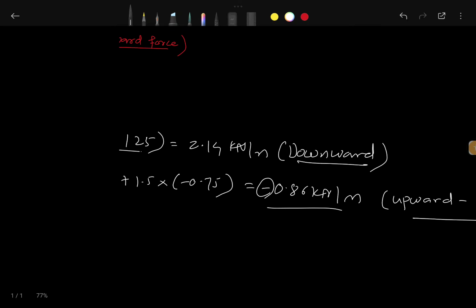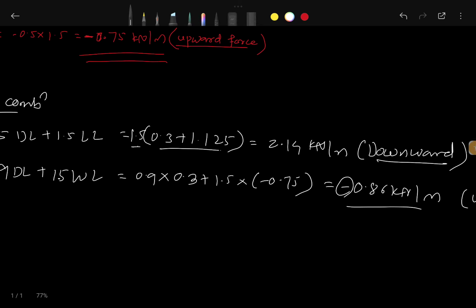Now we calculated both. We considered the general information, then we calculated the critical load combination for strength. And if you see, the downward load combination governs for strength design. Whatever downward load is coming onto the member, it means that member we have generally designed for strength. The upward load is critical for connection design.